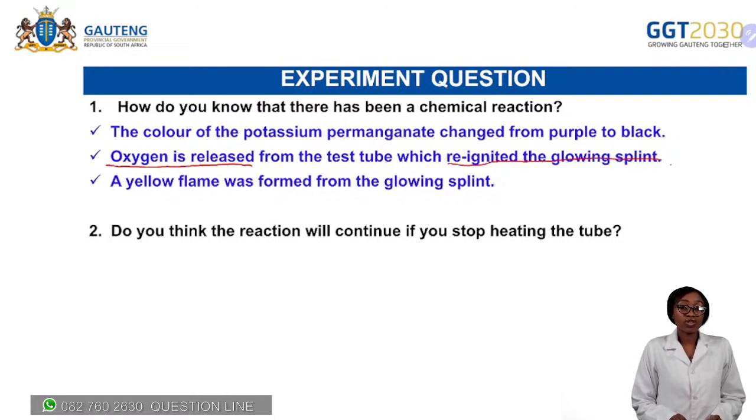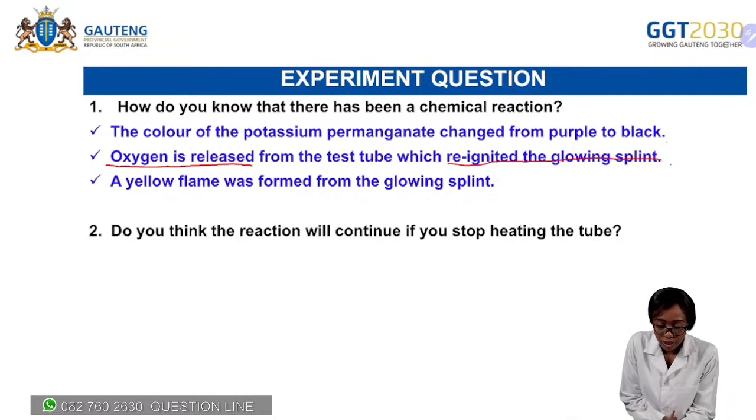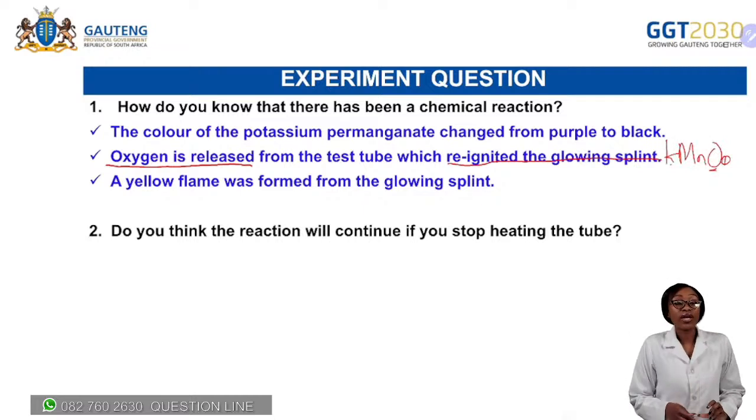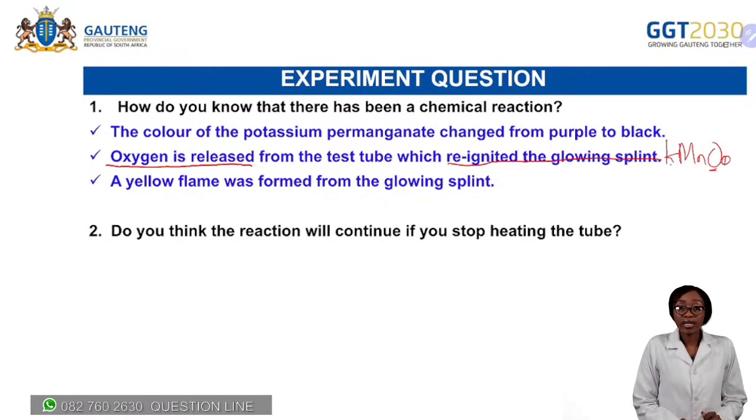Remember when I gave you the formula for potassium permanganate, which is KMnO4. Oxygen is one of the elements that make up potassium permanganate. So when oxygen was released, we knew that there has been a chemical reaction, in particular, a decomposition reaction.